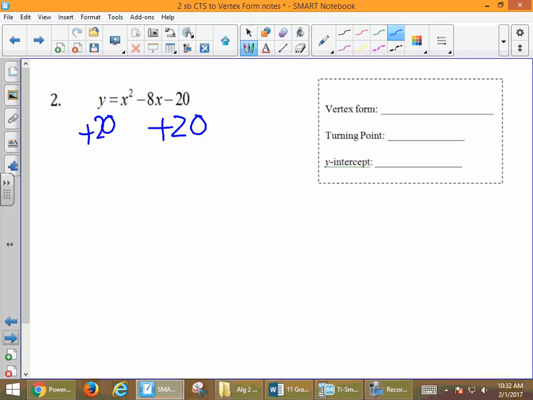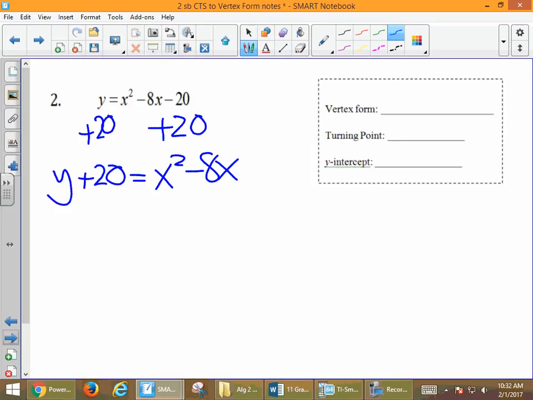So we have y plus 20 equals x squared minus 8x. And now what is our next step that we want to do to complete the square and get this in our vertex form? Bradley.